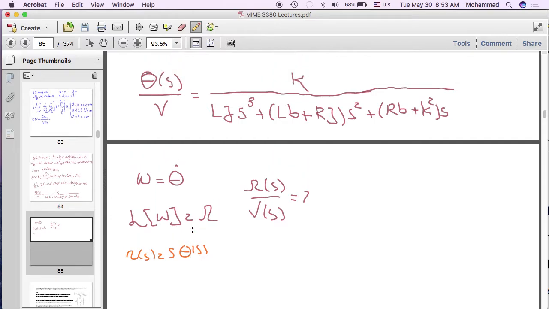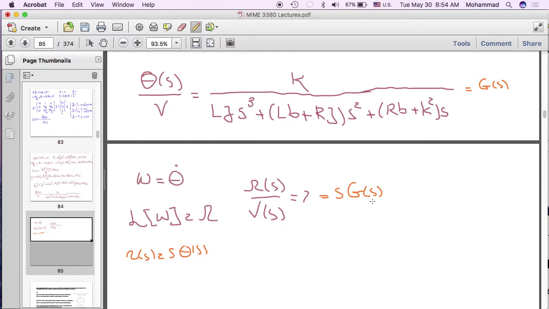So if we call this G(s), Omega(s) over V(s) is going to be equal to s times G(s). So by multiplying the base transfer function by s, you find now a model between applied voltage and output angular velocity.